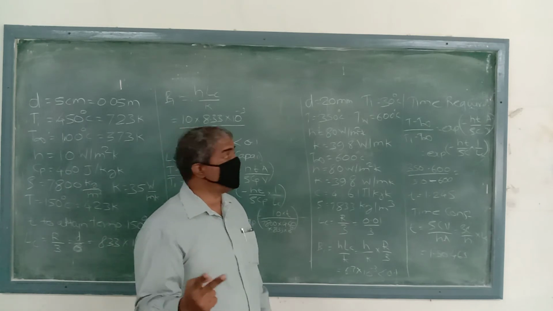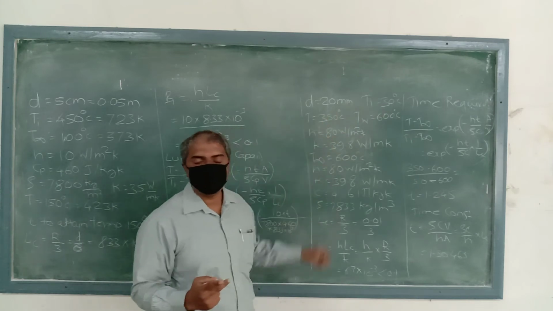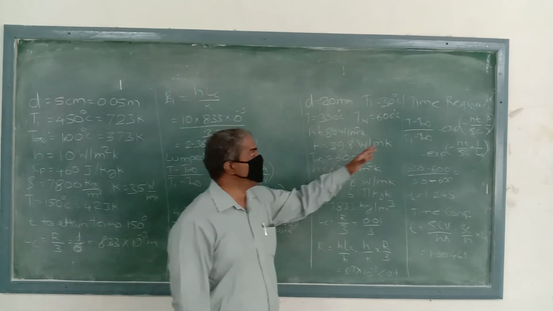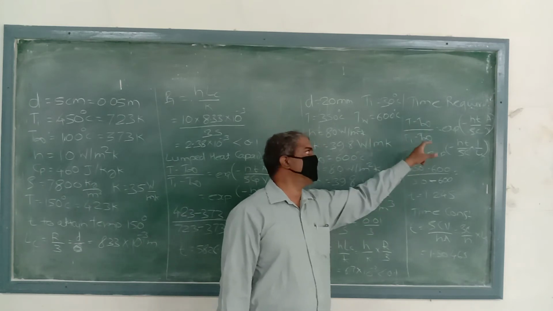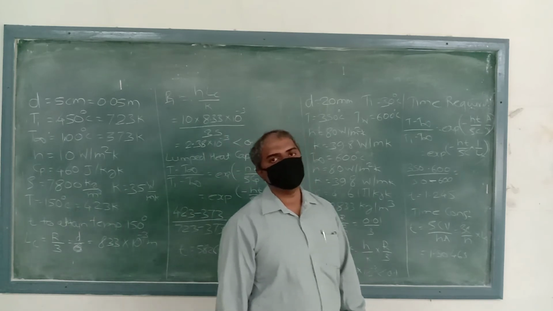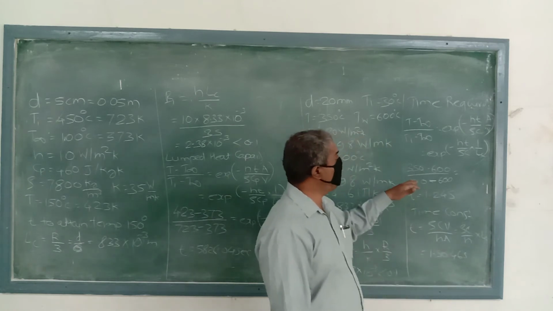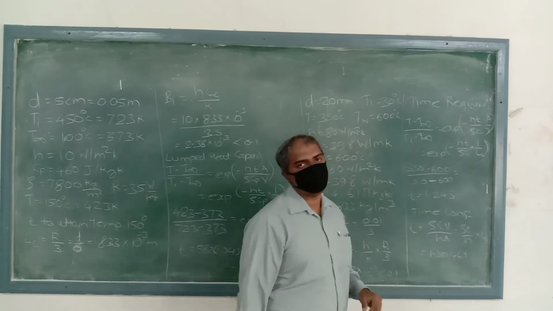The second unknown they are asking is the time when the ball goes from 30°C to 350°C. So we use the formula (T minus T infinity) upon (Ti minus T infinity) is equal to exponential raised to minus hAt upon rho Cv. In this formula, area upon volume is equal to 1 upon Lc.